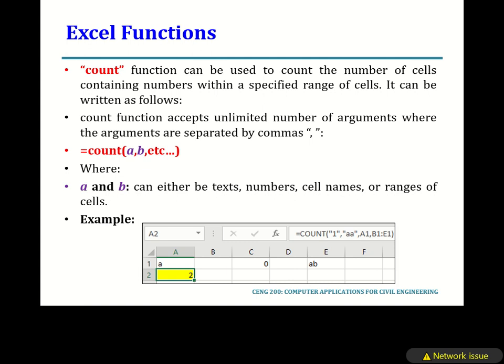But you see what is happening here. A1, is it a number? No. B1, is it a number? No. C1, D1, E1. How many are numbers? Only C is a number, right? So from A1 to E1, how many cells with numbers? Only 1. And the answer is 2.